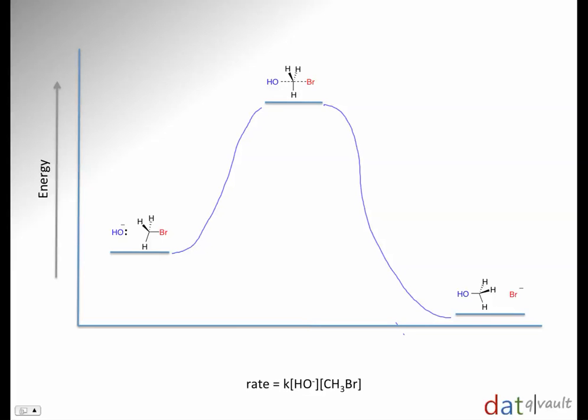It's relatively simple, but the key point to remember for the kinetics of an SN2 reaction is that the overall rate is dependent on both the nucleophile and the starting material, in this case bromomethane. And of course, you're multiplying it by some sort of rate constant, which is k, which is dependent on things like the strength of the nucleophile and how good a leaving group the leaving group is on the substrate.